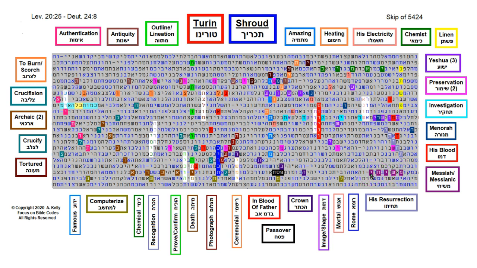The forensic testing revealed that the blood on this shroud is the blood of a man, and the blood type is AB. Now in Hebrew, AB would be Aleph Bet, which spells Father. There's a verse in Acts chapter 20, verse 28 that says, "Therefore take heed to yourselves, and to all the flock, among which the Ruach HaKodesh has made you overseers, to shepherd the church of Elohim, which he purchased with his own blood."